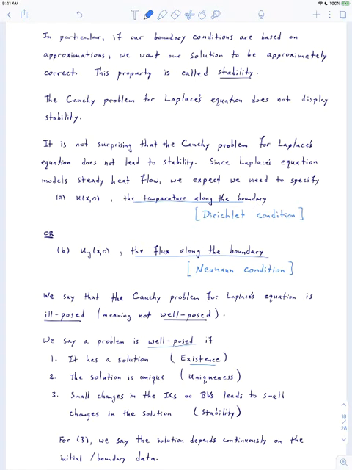The solution is unique, which we call uniqueness. And 3 is exactly the stability issue that we've been talking about. Small changes in the initial conditions or boundary values lead to small changes in the solution. And as I said, we call that stability. For 3, we say that the solution depends continuously on the initial or boundary data.